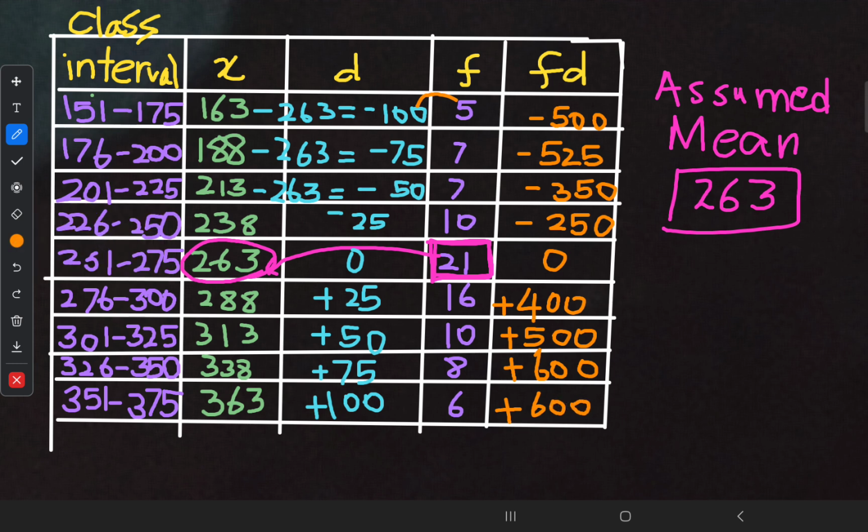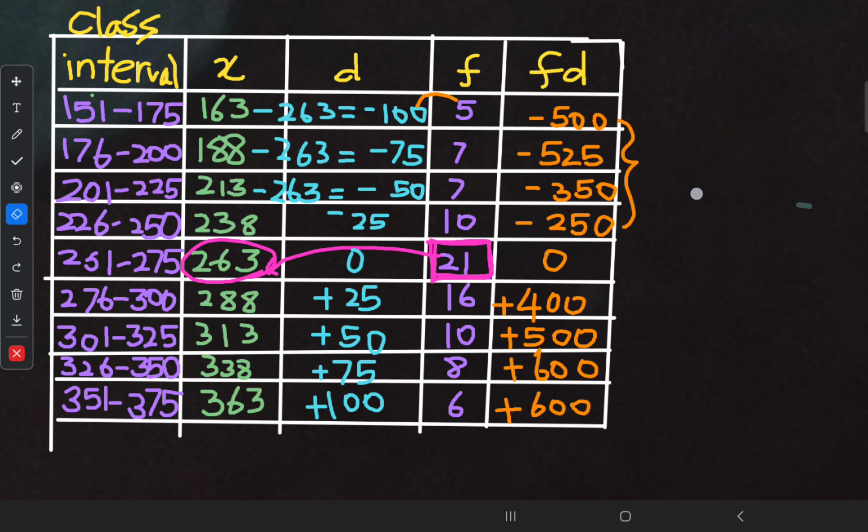Here you should get the summation of the negative values first. Sum of negative FD values: negative 500, negative 525, plus negative 350, plus negative 250. That will give you negative 1625.